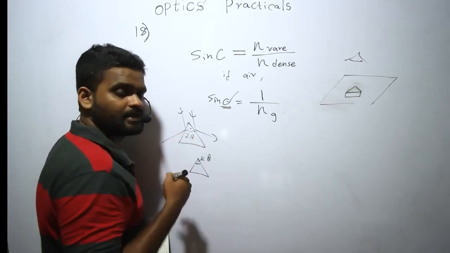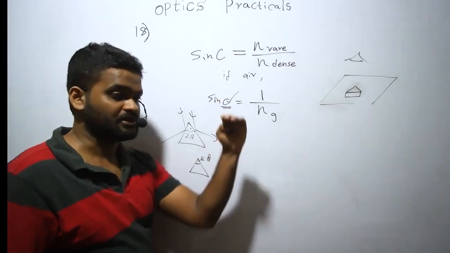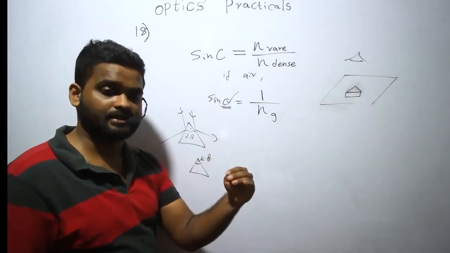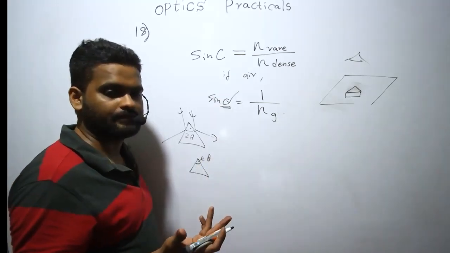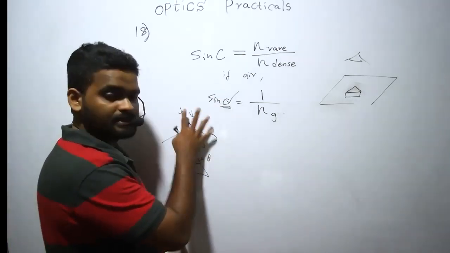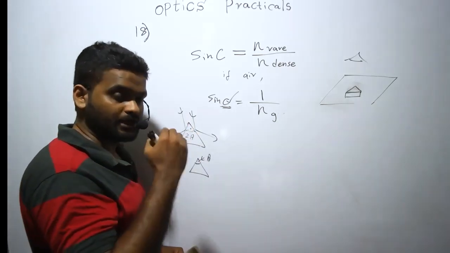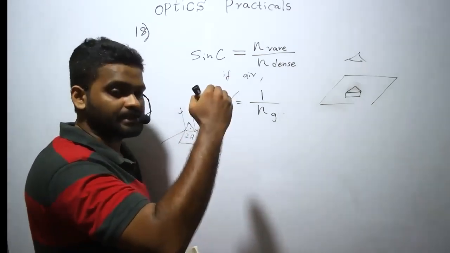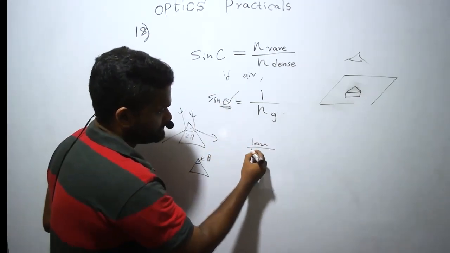2 times A. So you know that when the measurement is higher, the percentage error decreases, right? Or the fractional error decreases. Remember? So that's the only reason we go for this complicated one when we are finding a prism angle. Because fractional error decreases. Fractional error means least count divided by measurement, right?